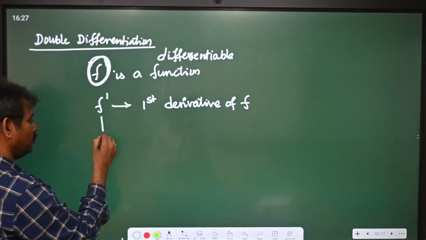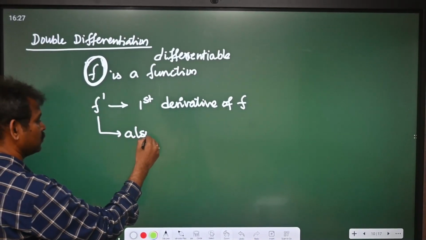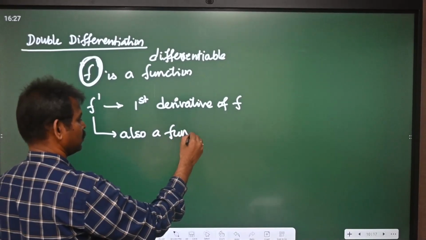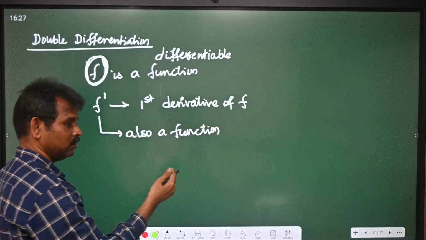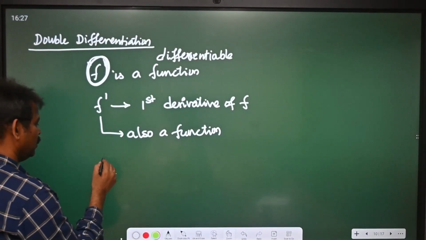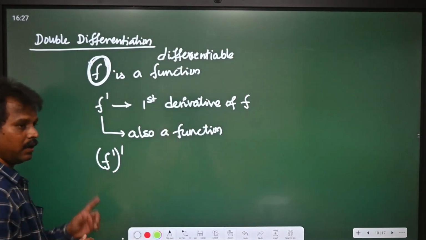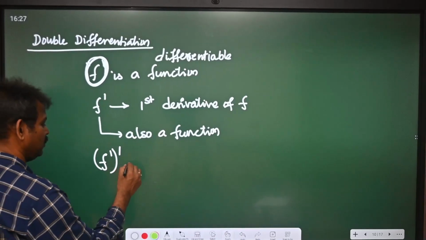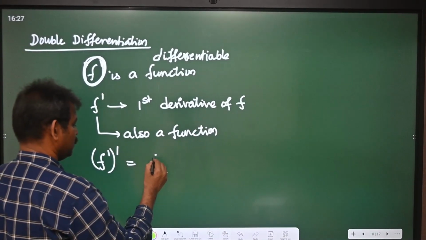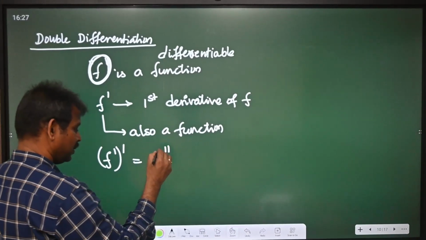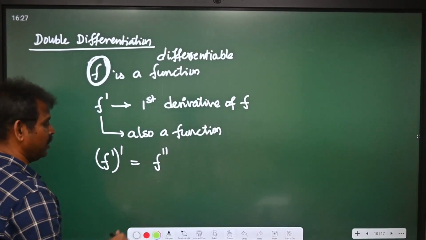Now f prime is also a function which will have its own differentiation, and that is given by f dash whole dash, or f prime whole prime, which is given by f double prime or f double dash.